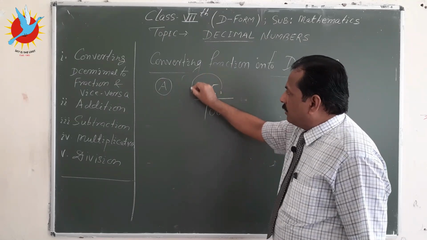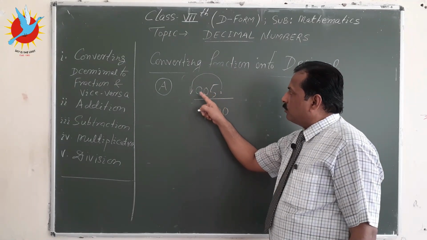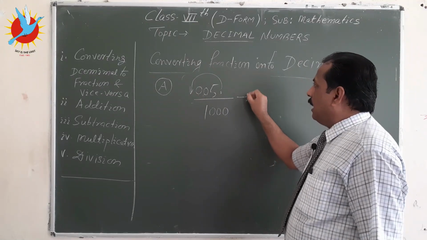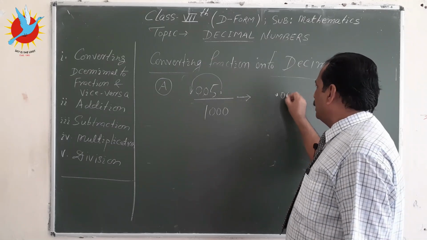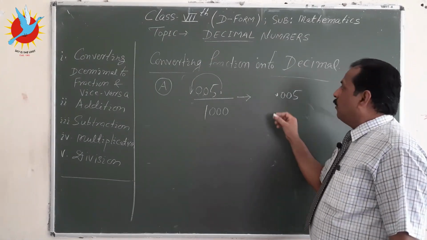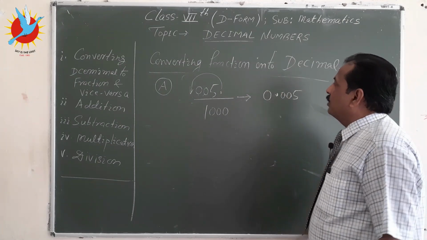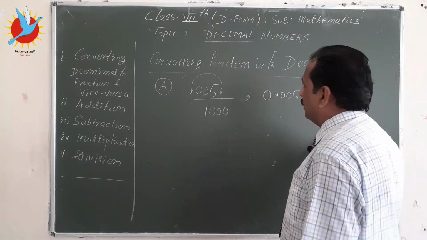This decimal will come here. How many digits? 1, 2, 3. The decimal will be here, and this is point 0, 0, 5. And now this is only the fractional part, the whole number part is 0, so put 0. So this is the way to convert a fraction into a decimal.